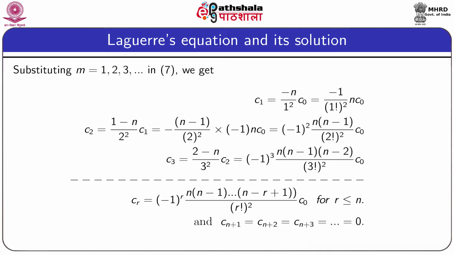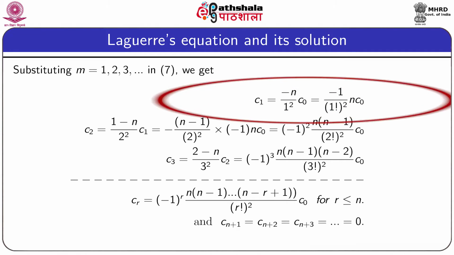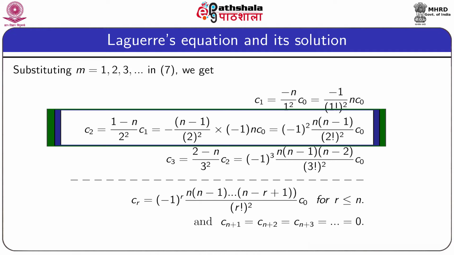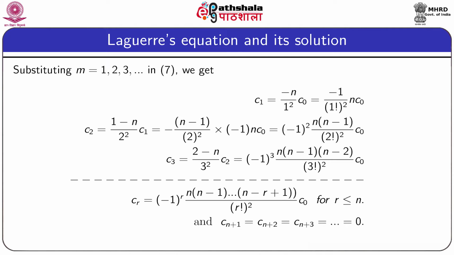Next, we substitute m equal to 1, 2, 3 and so on in equation number 7, and we will get C1 is equal to minus n divided by 1 square C0, C2 is equal to (1 minus n) by 2 square C1, which is equal to minus of (n minus 1) by 2 square multiplied by minus 1 into n C0, obtained by substituting the value of C1 from the previous equation, which can be simplified and put in the form minus 1 whole square n into (n minus 1) divided by (2 factorial) square into C0.